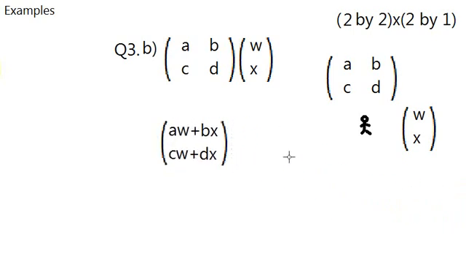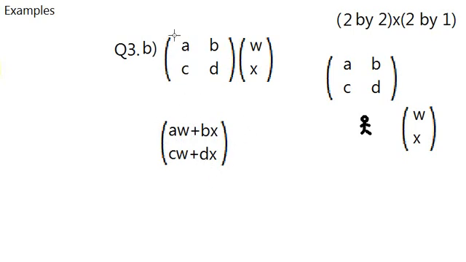AW plus BX over, well, not over, never say over again, because matrices are not fractions. Okay, cool down, chill out. It's AW plus BX and CW plus DX as the 2 terms inside this 2 by 1 matrix.